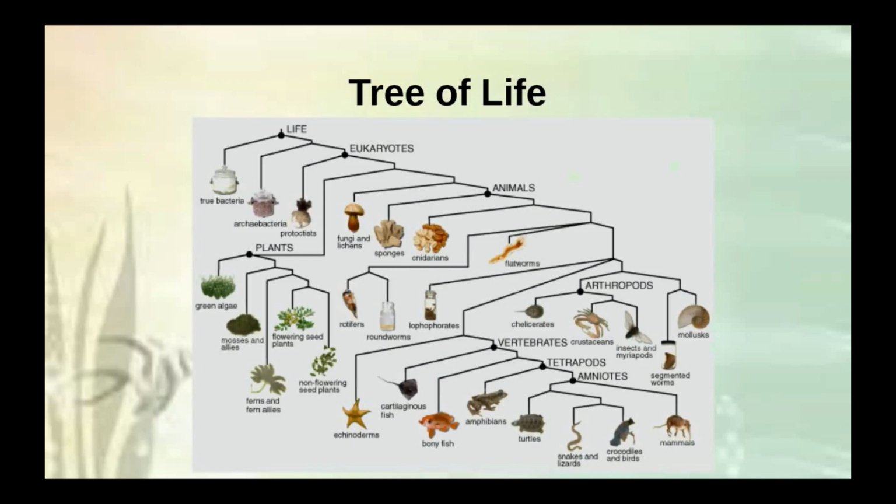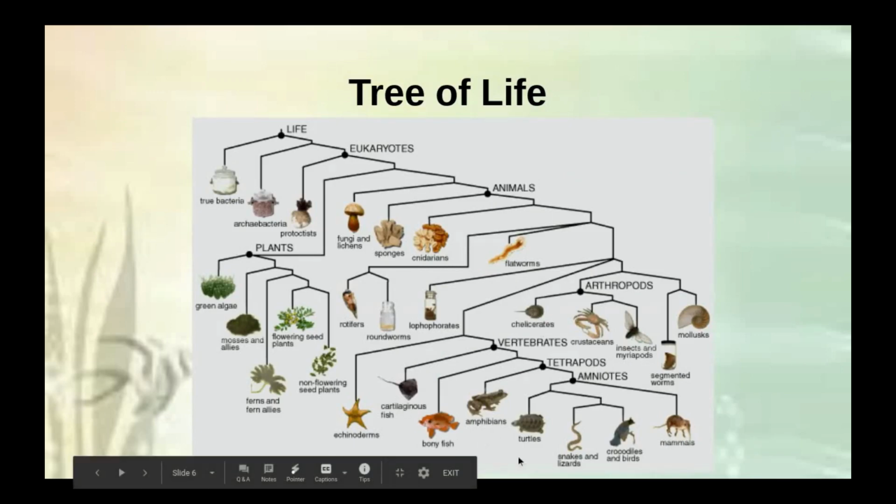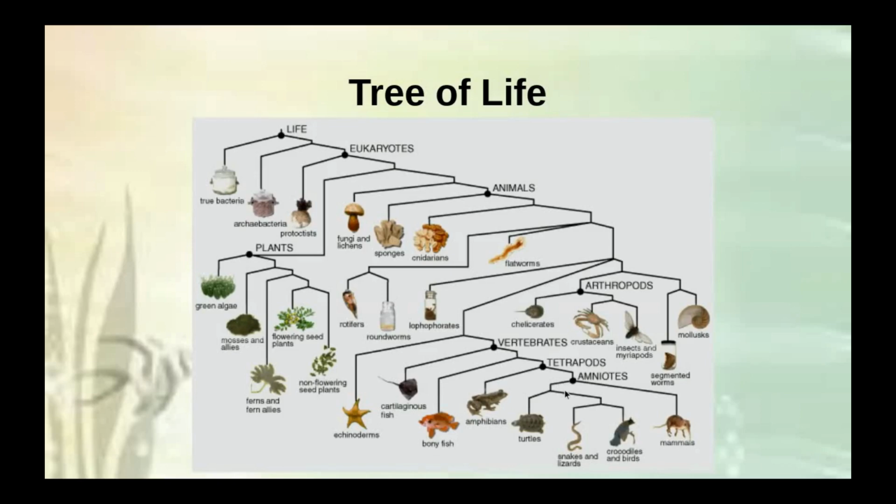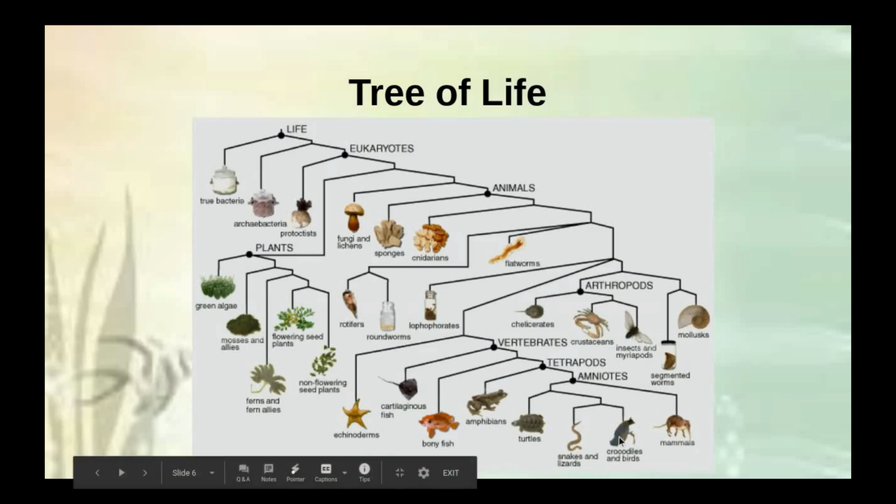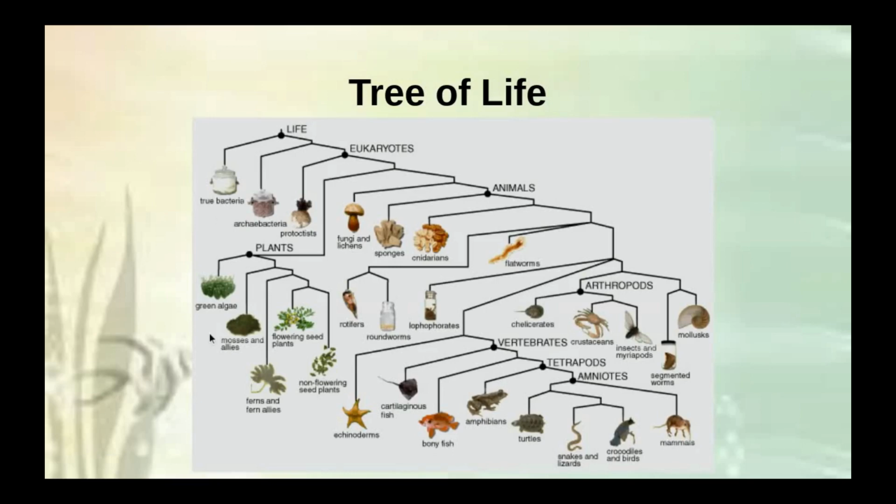This is an example of a tree of life, and if you look, things that are more closely related, amphibians and turtles, are close together, versus things that are not so closely related. We've got crocodiles and birds versus way up at the top, bacteria.